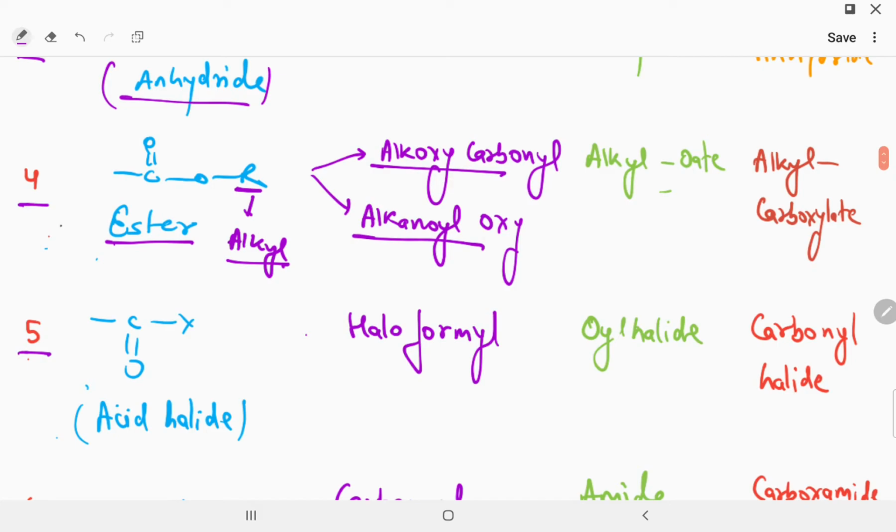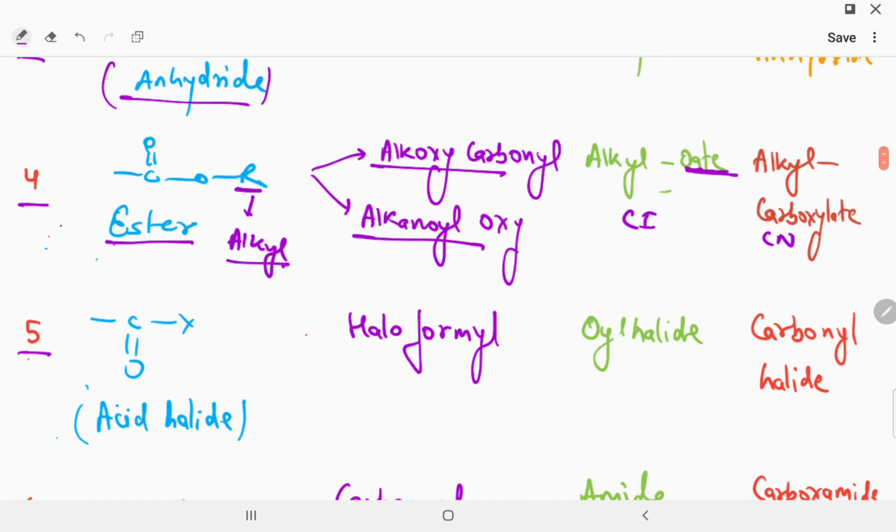Its suffix is also of two types: carbon included and carbon not included. Whenever the carbon is included in the ester, we say alkyl oate. If the alkyl is an alkane, we say alkanoate. If alkene, alkenoate, like this. For carbon not included, we use alkyl carboxylate.